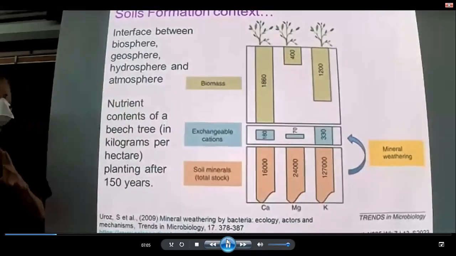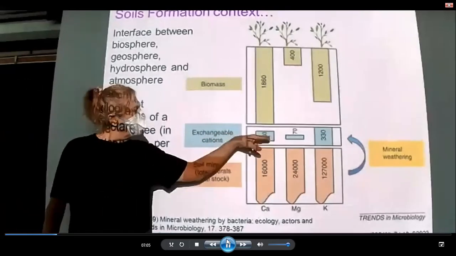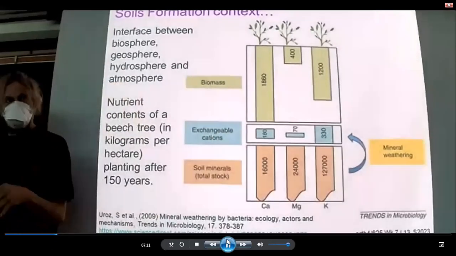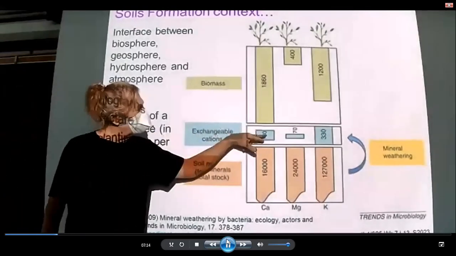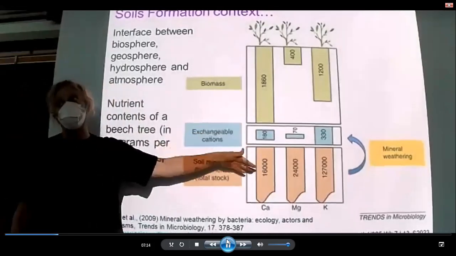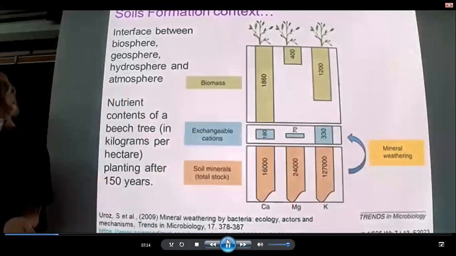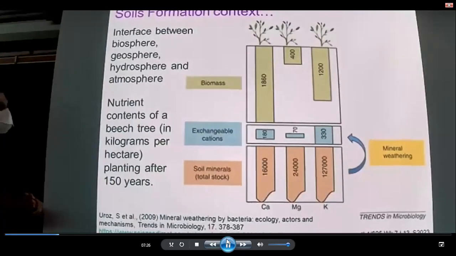We'll also talk later in the semester about how addition of hydrogen ions from acid rain can replace these exchangeable ions on clay minerals and take their place, therefore reducing the ability of the soil to hold these important cations, which are required by the plants living on the land surface.